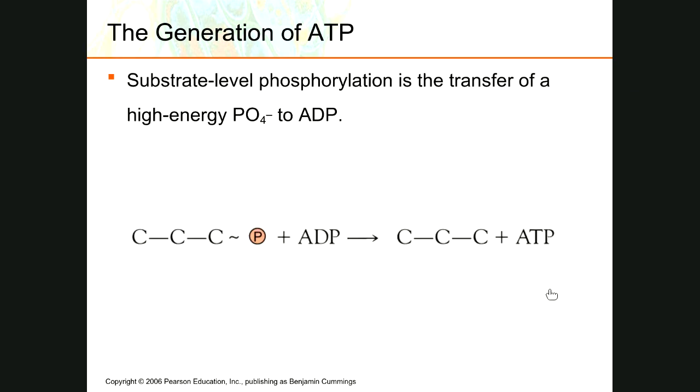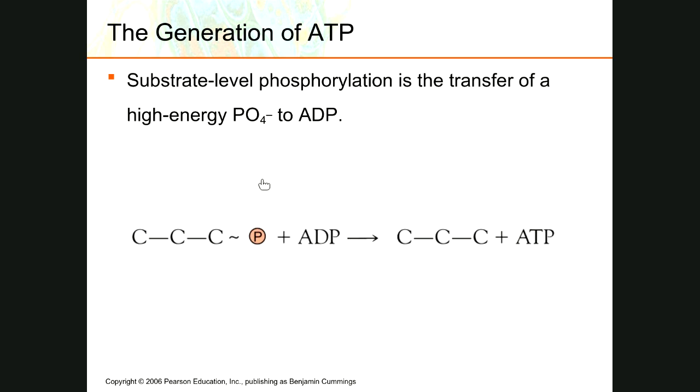Now, we're just going to finish by mentioning the 3 ways that cells make ATP. So the 3 ways that cells phosphorylate to make ATP. And that first way is substrate level phosphorylation. So there's an organic compound that has a phosphate group on it, and that phosphate gets donated to ADP to make ATP. So cells make very little ATP this way.